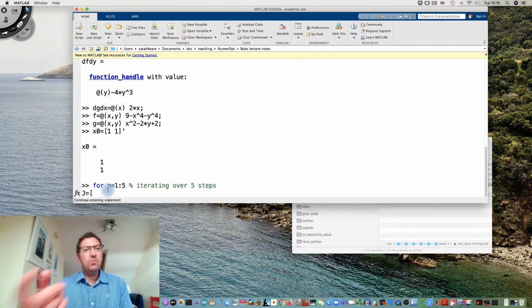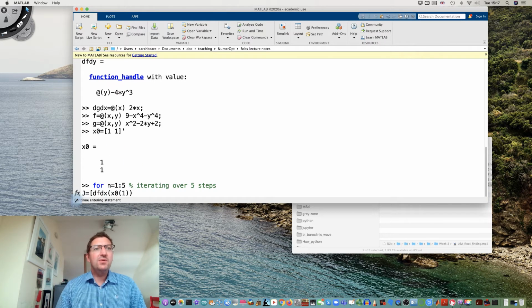Now, because we just did one step before, that was just constants in here. Now we want to define it as a function of the state at any point. So we have df by dx is now a function of x0, the first element of x0, right? So df dx is purely a function of x, but remember x is the first element of this vector.